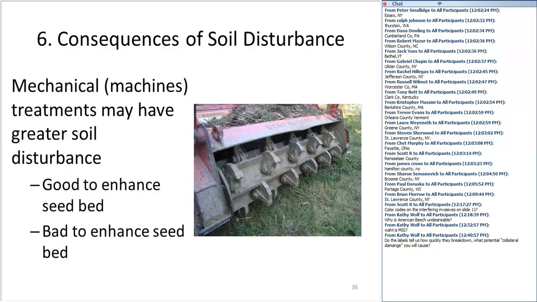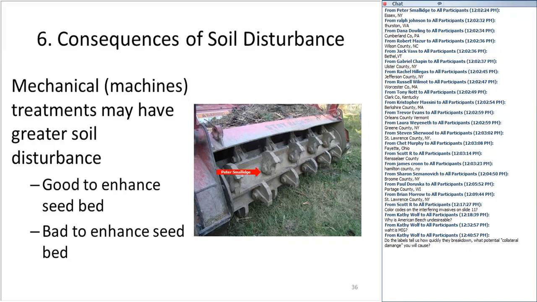There may be consequences of soil disturbance. And it could be a good thing because you enhance the seedbed. It may be a bad thing because you enhance the seedbed. So this is where we want to know what's the next plant community that's going to come in here. If we're going to work with livestock and we want to establish forage plants, and we're going to have a dense sward of forage plants that would outcompete undesirable plants, then soil disturbance, such as we see, well, this is the business end of a fecon, that's a good thing.